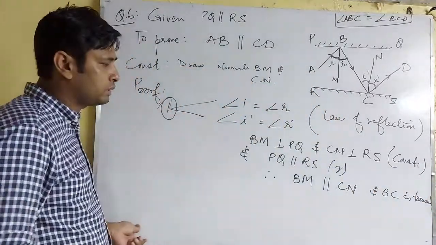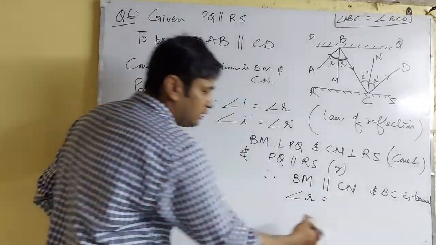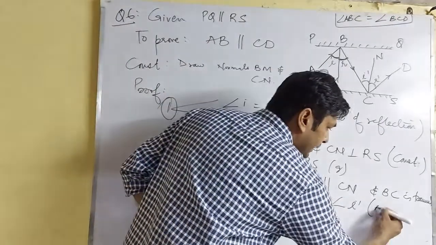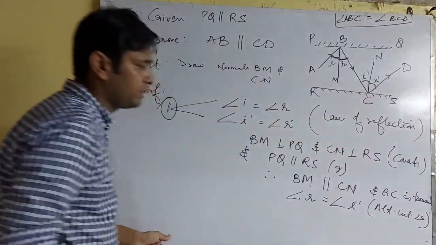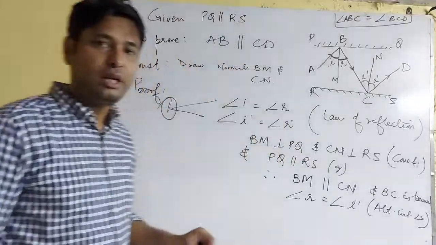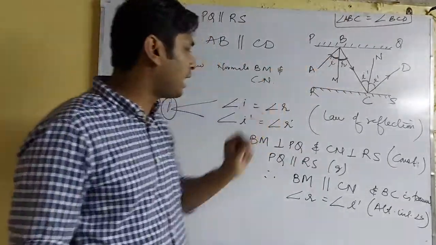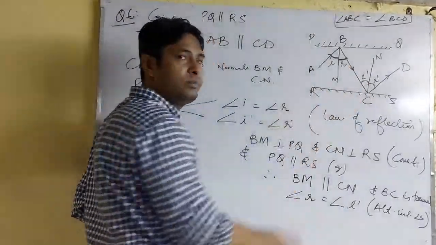BC is a transversal. So what is the relation between angle R and angle I dash? Angle R is equal to angle I dash. Why? Alternate interior angles. Now according to equation number 1, angle I is equal to angle R. Angle R is half of angle ABC.